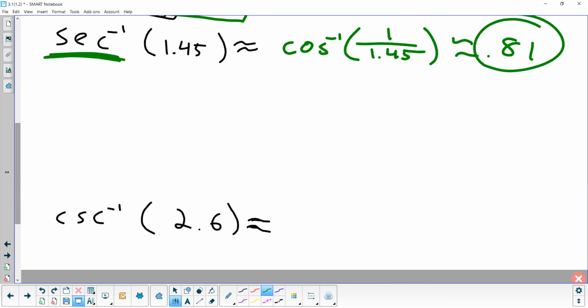Let's just practice getting that into a form we could type on the calculator. They're giving me inverse cosecant. What inverse function am I going to replace it with? Yeah, go ahead, Colby. Sine. Yep, inverse sine of, and now what am I going to do to the 2.6?